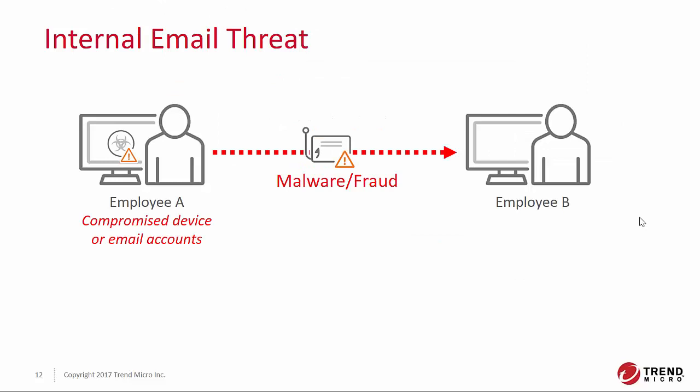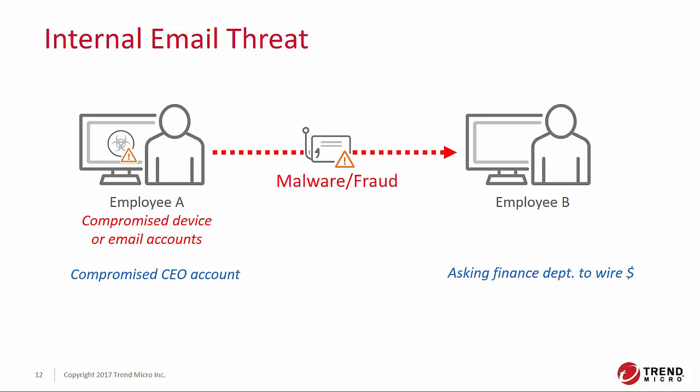Internal email threats are difficult to detect as they are usually already in your organization. In multi-stage attacks, criminals will compromise an employee's device or credentials and then send phishing emails internally from this trusted account. It is critical to detect and stop these attacks, which are already progressing within your organization.